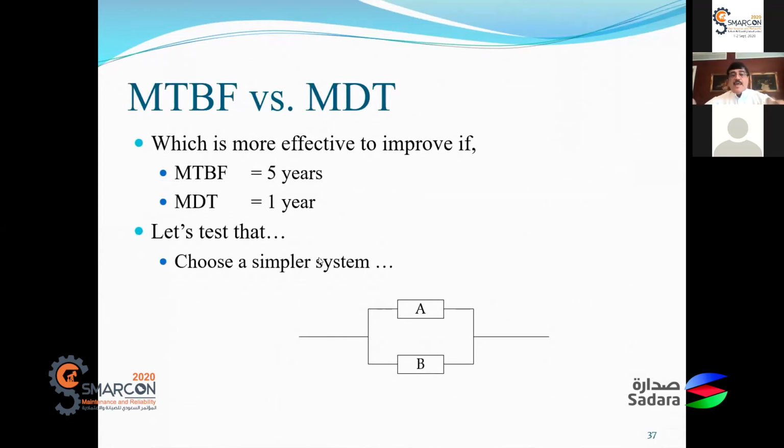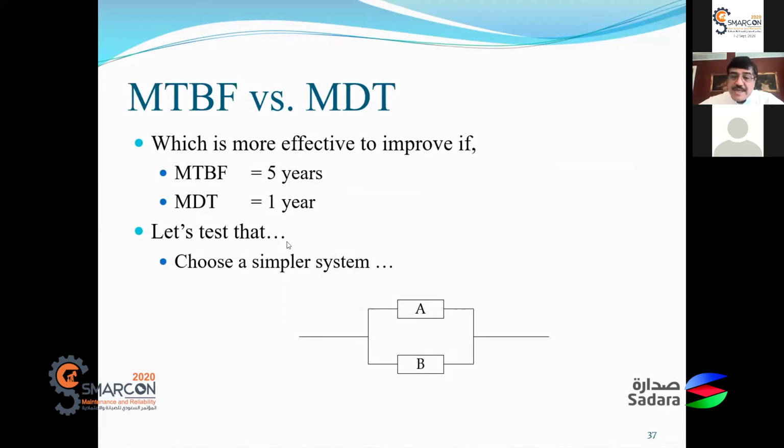Okay, so now let's say we want to improve a system like this, and we ask what is more effective. Is it more effective to improve the MTBF, or to improve the mean downtime? This big system is very, very redundant, so the results are not going to show very clearly.